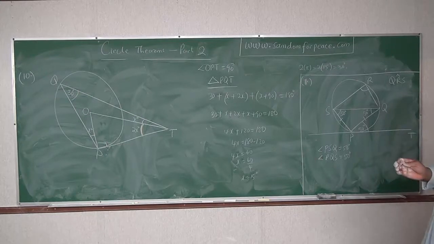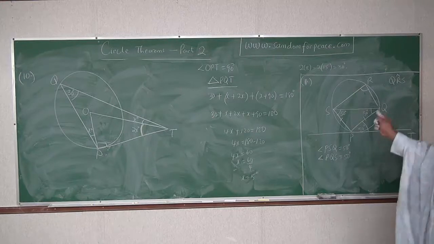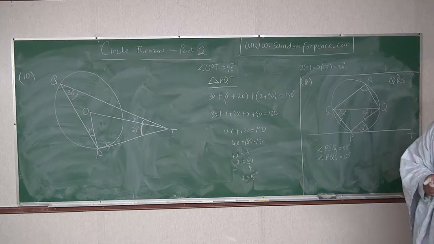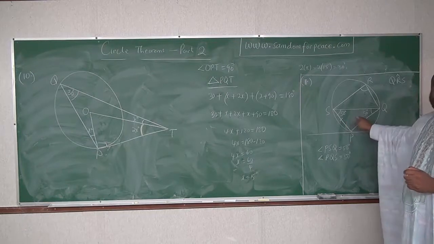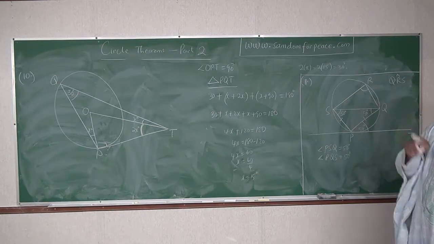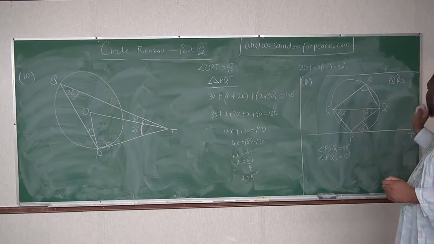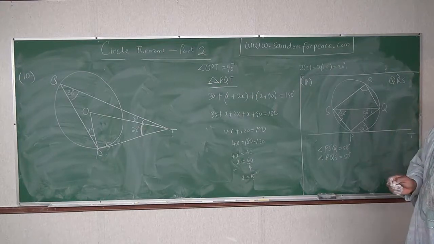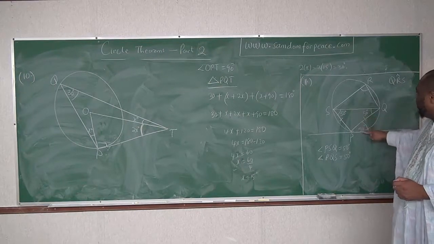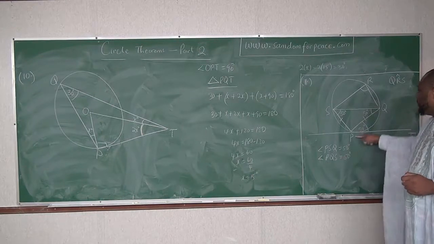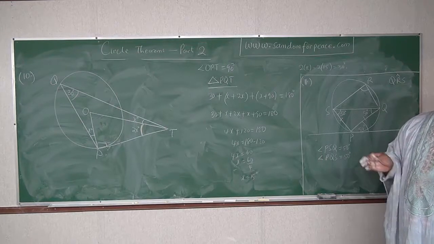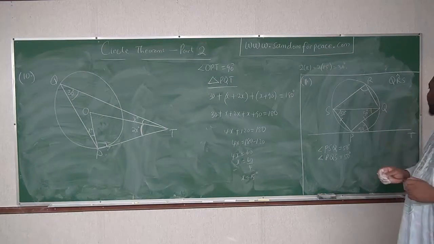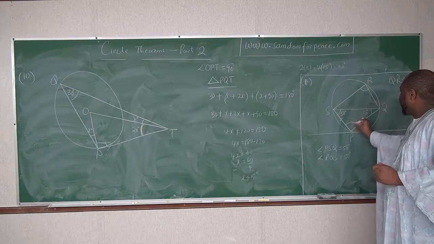Reason is base angles of isosceles triangle, because they said in the question that PS is equal to PQ, and they even put this here to show the congruency. So angle PQS is also equal to 50 degrees. Reason: base angles of isosceles triangle. Now you can find this angle here.